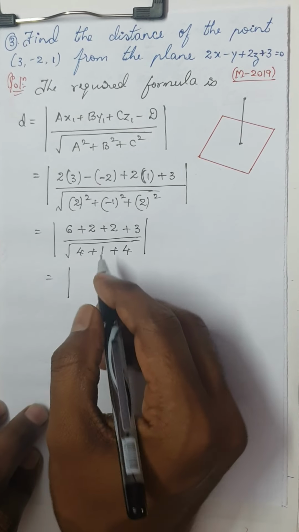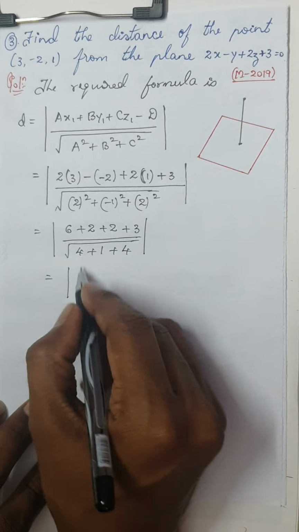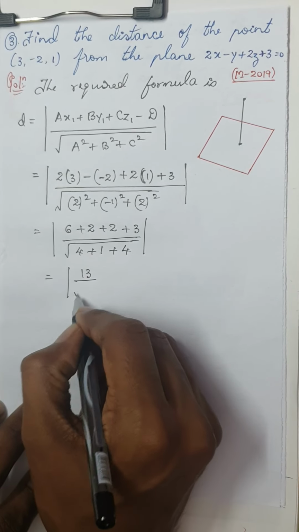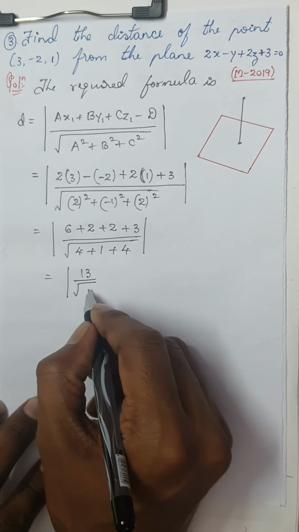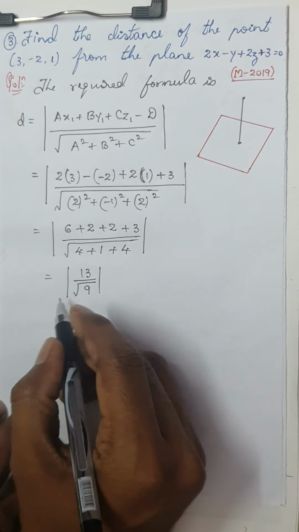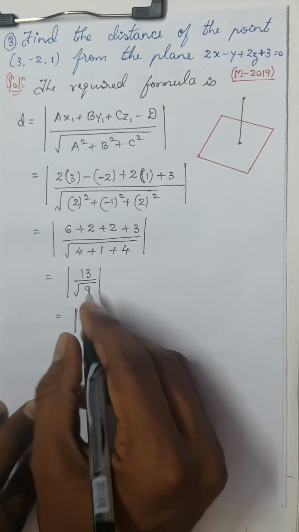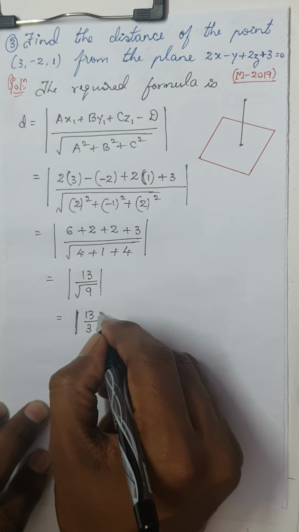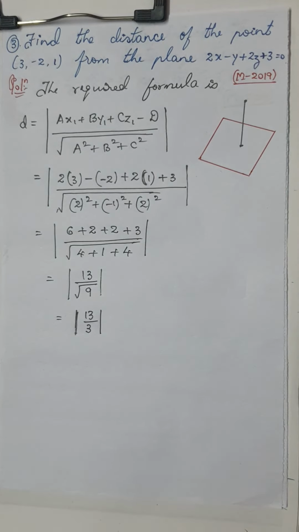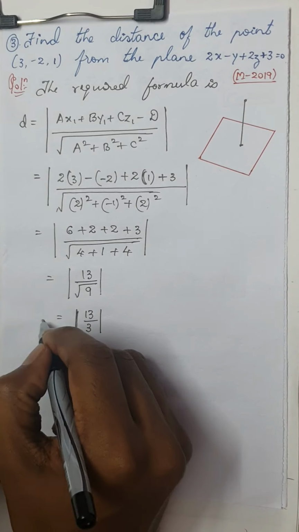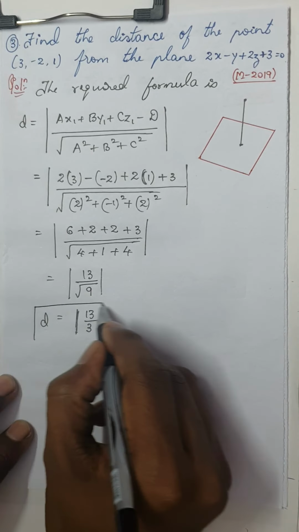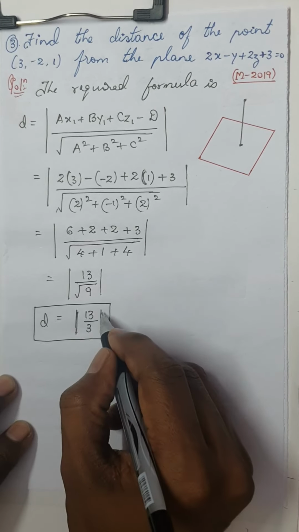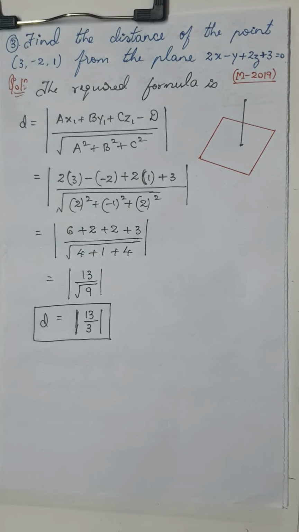So this is nothing but distance, 6 plus 4 is 10, so 13, divided by root of 4 plus 1 plus 4, which is root 9. We all know root 9 is nothing but 3. So it is modulus of 13 divided by 3. Is it clear? So this would be my required distance. You can frame it and expect to get 2 marks without miss.